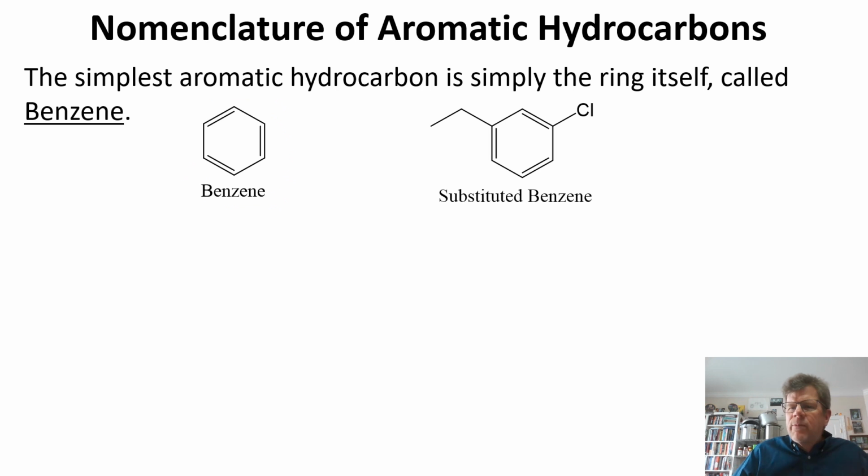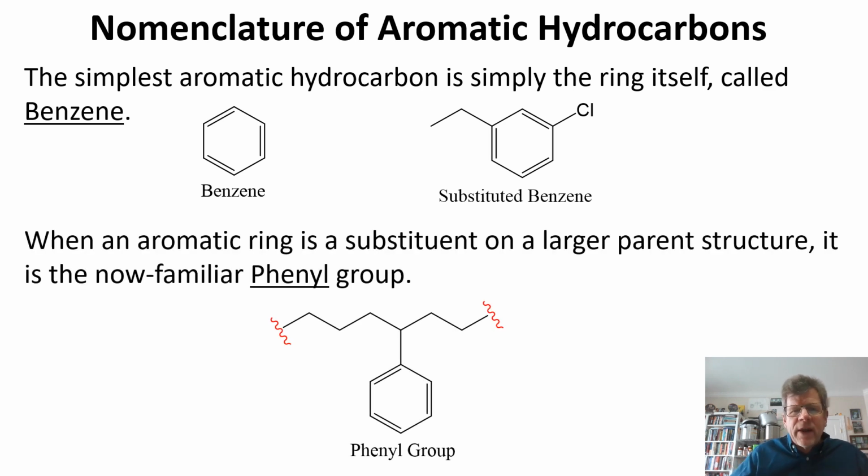But if you'll remember, we've seen an aromatic ring before when we were talking about functional groups. One of our hydrocarbon functional groups was the phenyl group. When we have an aromatic ring as a substituent on a larger parent structure, it is known as the phenyl group.